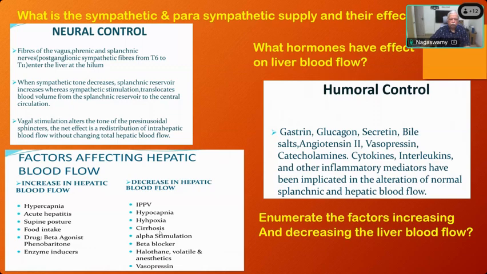Patients who have already developed severe degree of cirrhosis, because of the severe contraction of the tissues, blood vessels are collapsed and blood flow will be decreased. Alpha stimulation, beta blocker therapy, halothane and volatile anesthetic agents cause a dose-dependent decrease in the blood flow, and vasopressin also causes a decrease in the blood flow. Okay? So these are the factors that we have to remember.